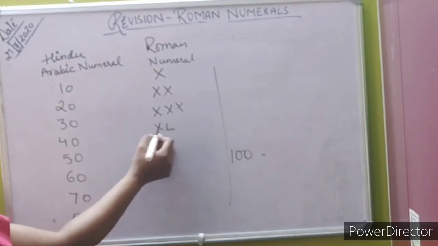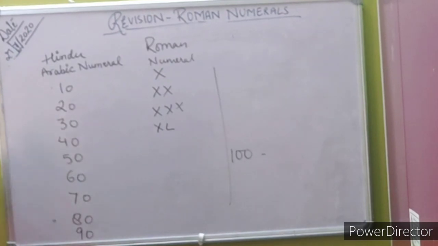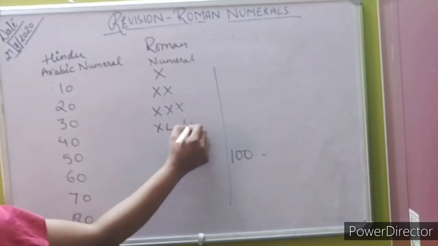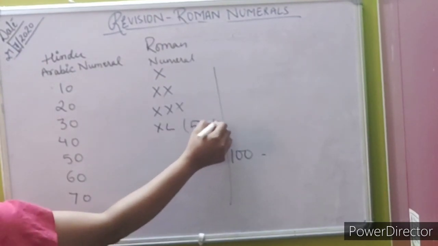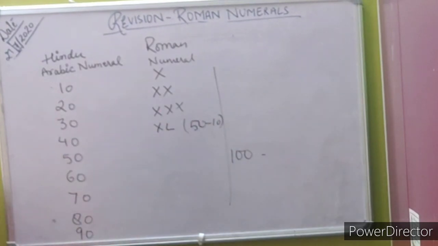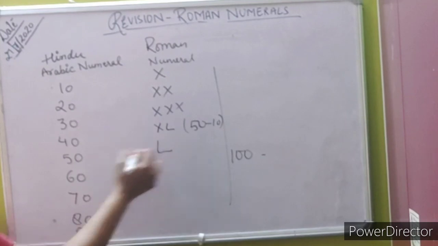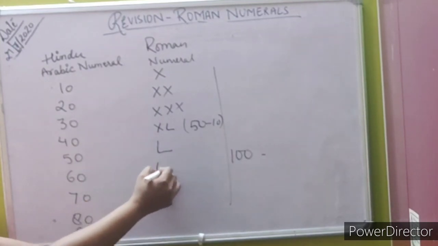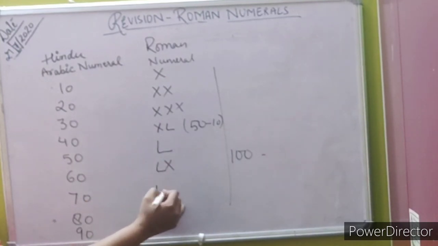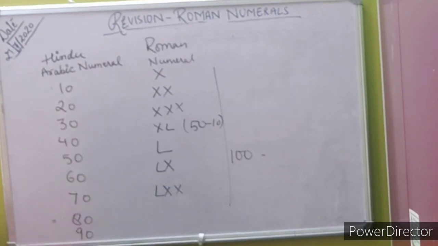This is the larger number and this is the smaller number. 50 minus 10 is 40, and 50 stands for L, 60 is 50 plus 10, 70 is 50 plus 20, and 80 is 50 plus 30.